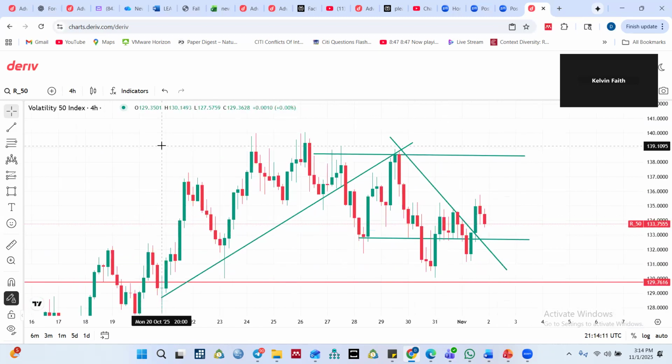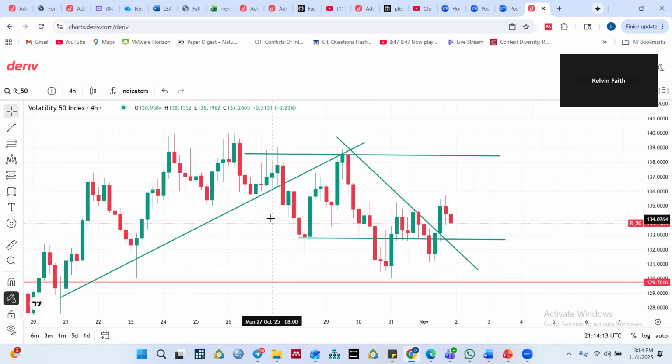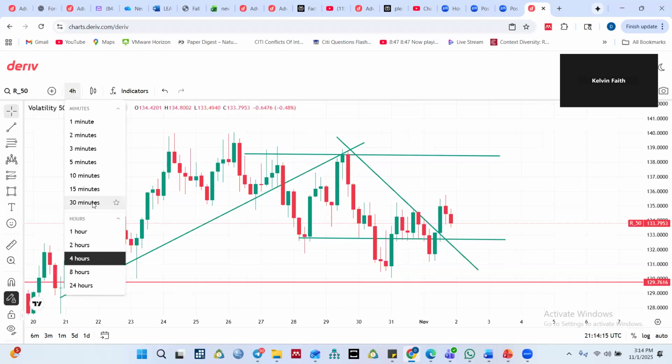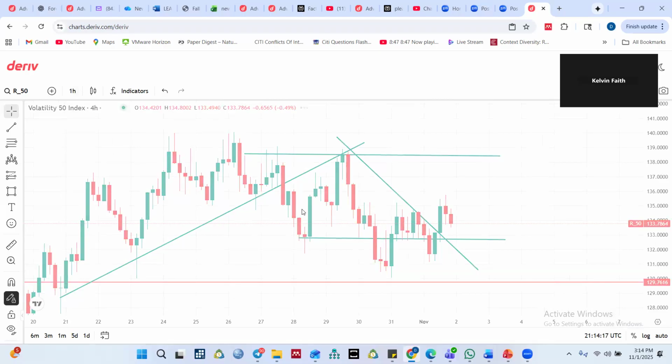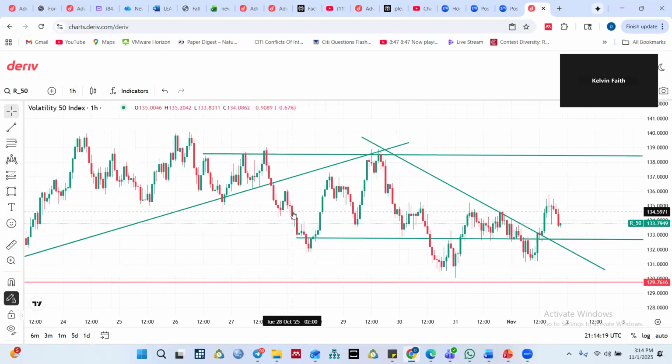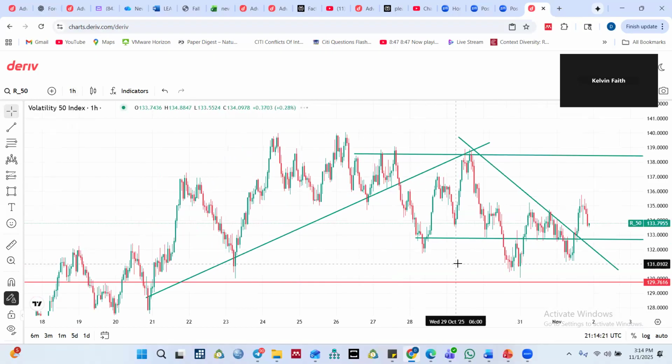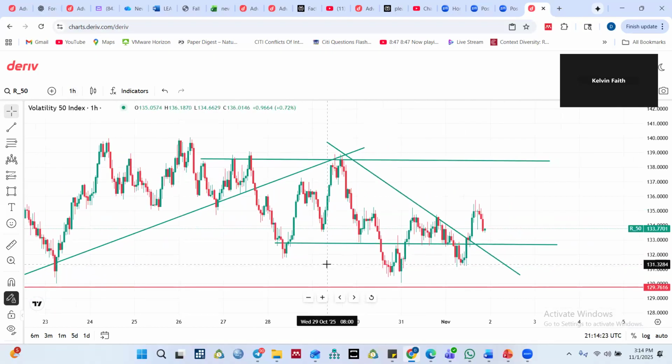There is also something I'm seeing. Let me go to probably 1 hour or 30 minutes to see if I can spot this well. We want to look at all the possibilities so that we don't miss anything.